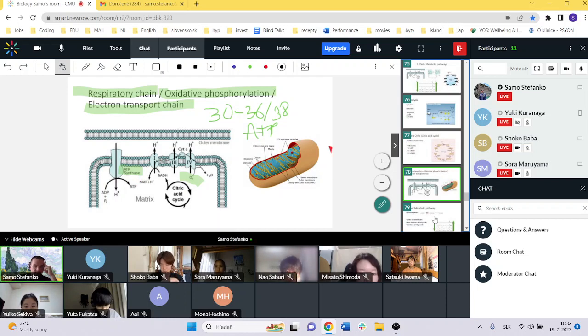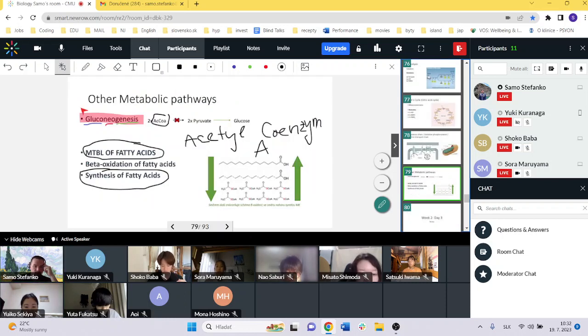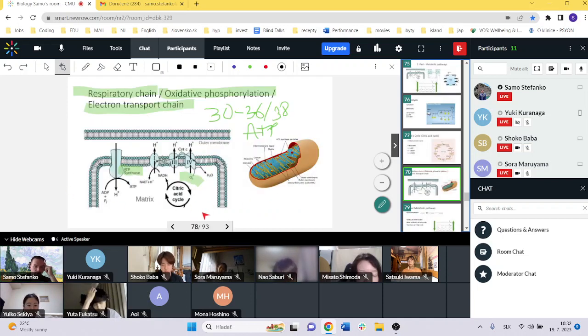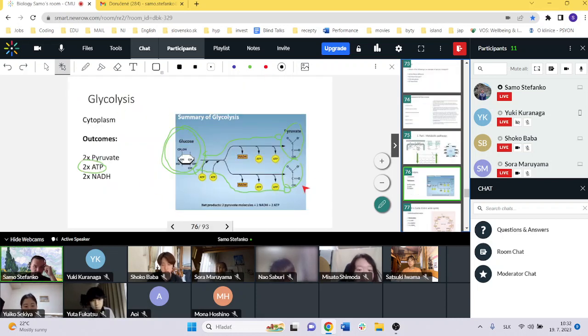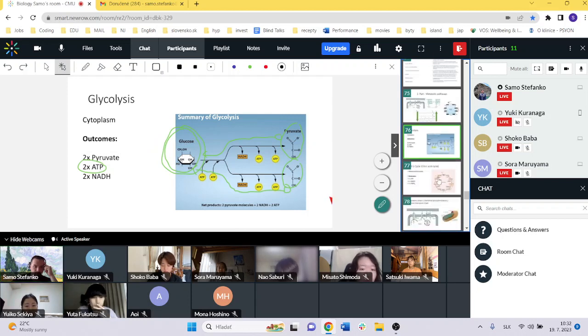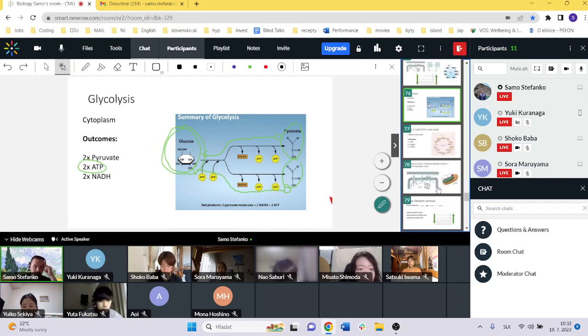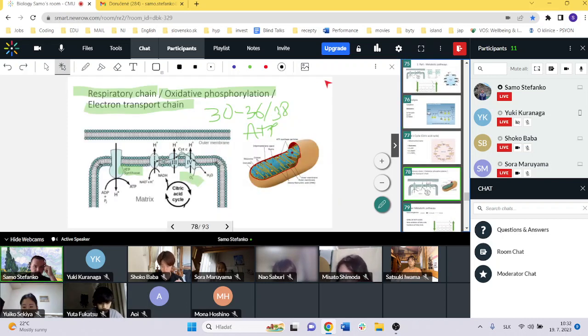What does it mean in other words? Metabolism of fatty acids can also lead to oxidative phosphorylation and production of plenty of energy. Not only from sugar or from glycolysis, also from metabolism of fatty acids or lipids, we can get plenty of energy.